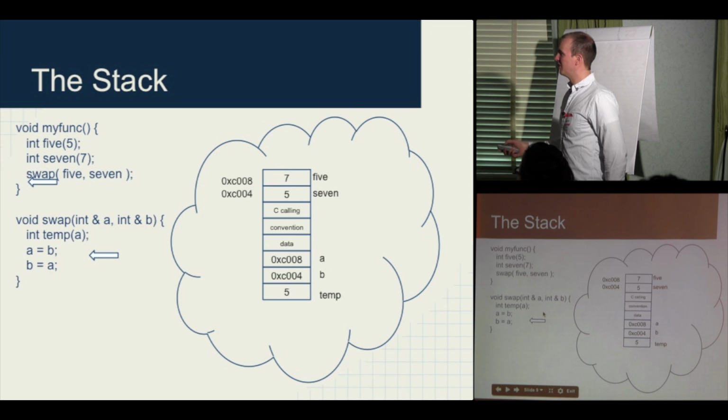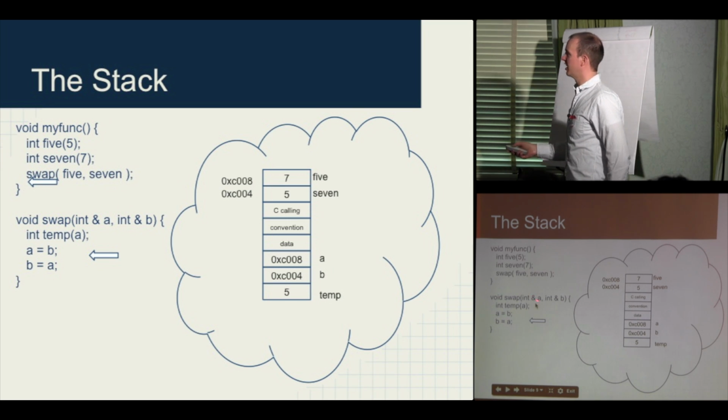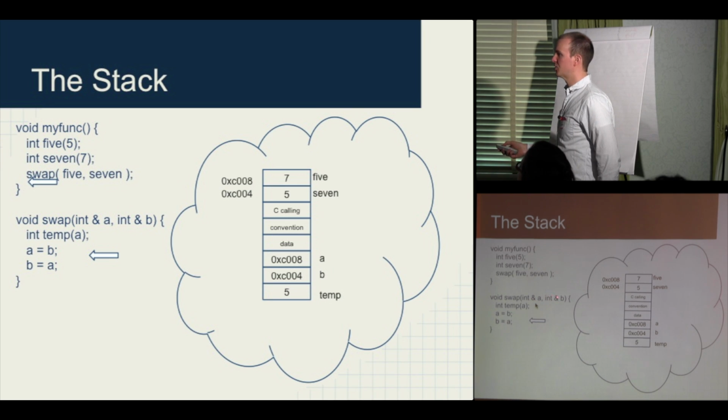So this could be rewritten so that it's int star A and int star B. And then in here, I wouldn't pass it 5 and 7. I'd pass ampersand 5 and ampersand 7 to get the addresses of each. And then the stack would look the same. And then this line of code would be star A equals star B. I skipped this one, so this would be int temp is star A. And then this would be star B equals star temp.